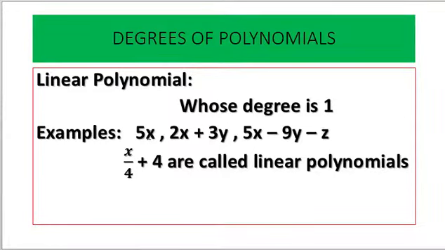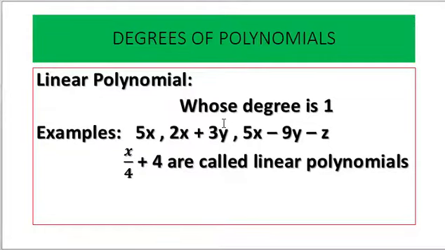In the first example, 5x. Watch here. There is no power or exponent written, but we will consider its power or exponent is 1. Here is 2x. 2 is a coefficient, but the degree is 1 because it has power 1.